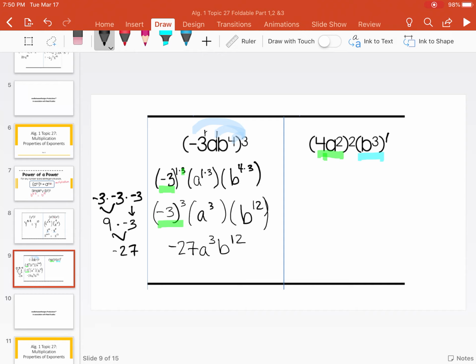However, if we were to multiply this 3 times 1, it's actually not going to change anything. So let's focus on what I underlined in green right now. If we want to split this up, this is really 4 to the first power. So we have 4 to the 1 times 2 times a to the 2 times 2.